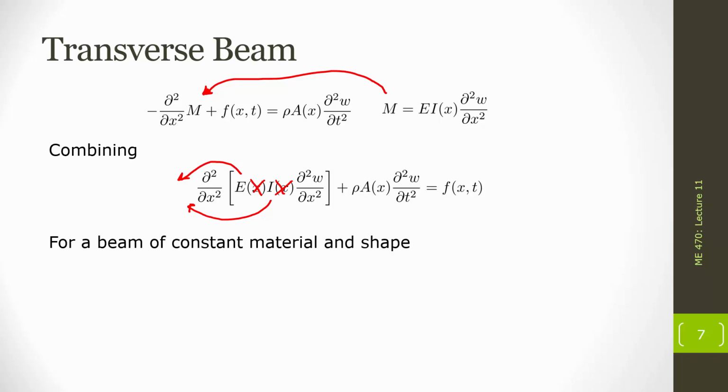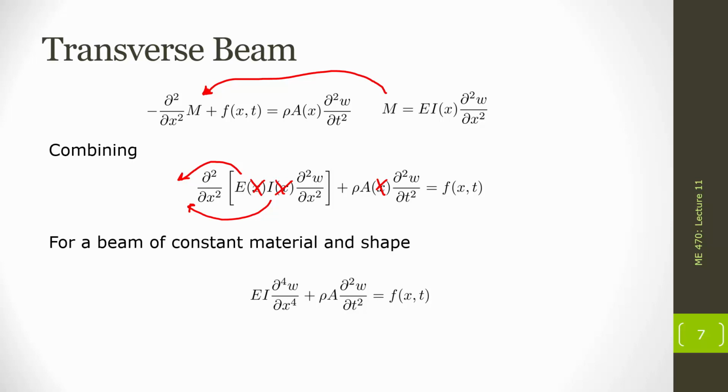The same idea with my A, it is going to be constant, and rho is also going to be constant. Since E and I can come out of that first term, I am taking the second derivative of the second derivative of W, and I'm left with the fourth derivative of W, which is the fourth spatial derivative of the position, plus rho A del squared w del t squared.